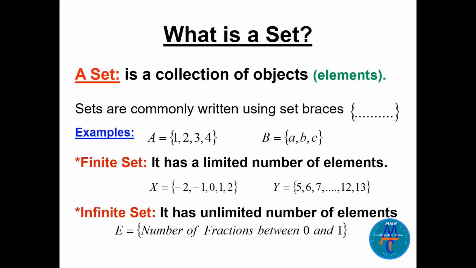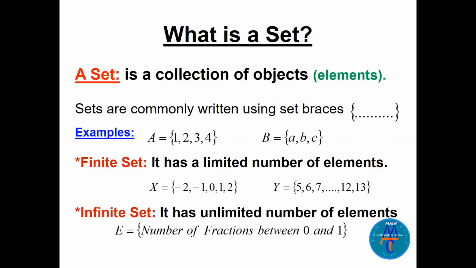So we can have set A, set B, set C, set D, set E. We can have letters, numbers, like set A here: 1, 2, 3, 4. We have set B: A, B, C. We can have letters, names, countries, anything as elements inside the set.